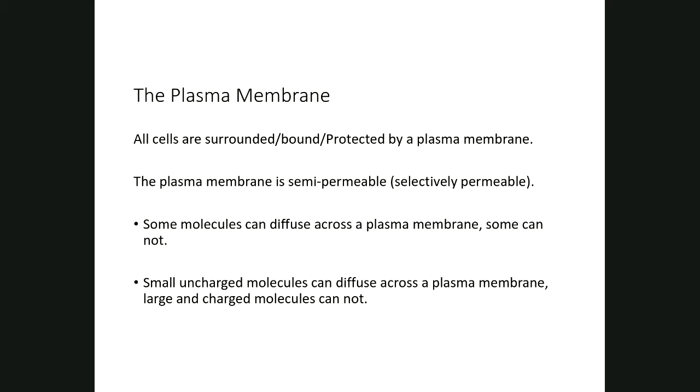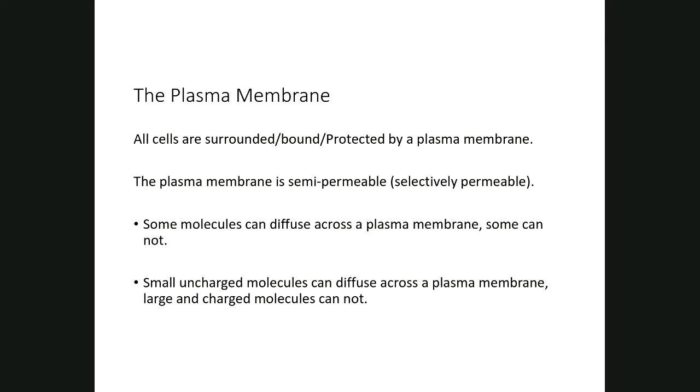The plasma membrane is what we consider to be selectively permeable or semi-permeable. The reason we say that is because the membrane allows for some things to go through it and others are rejected or are unable to pass through it.